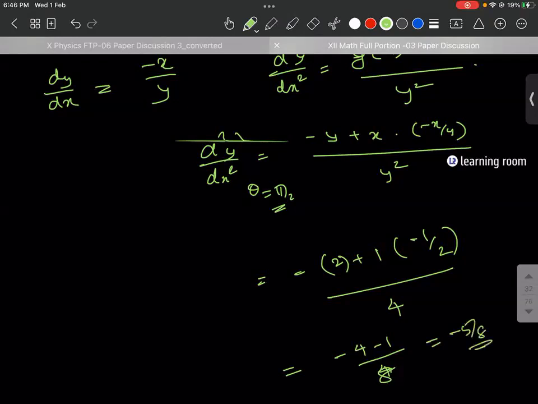So it's coming out as minus 5 by 8. No, but what is the answer given? Answer given is 3 by 2.